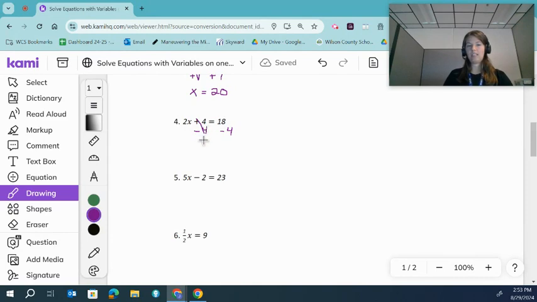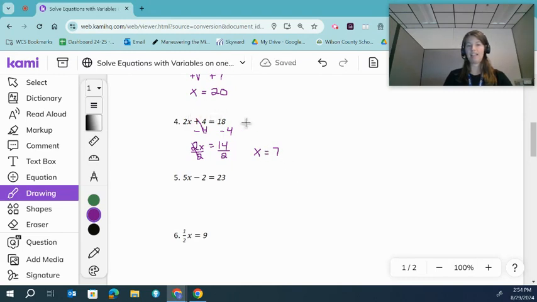Okay, these make 0, which leaves us with 2x equals 14. Divide by 2 on both sides because 2 times x, we do the inverse of multiplication, which is division. And whatever we do to one side, we have to do to the other. This leaves us with x equals 7.